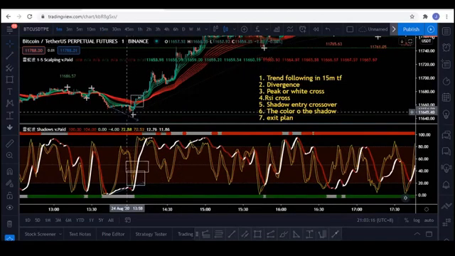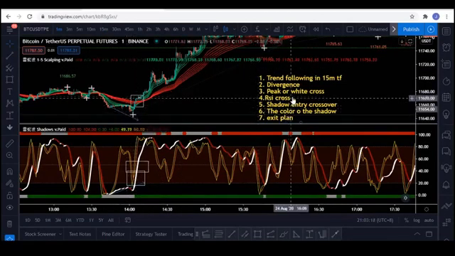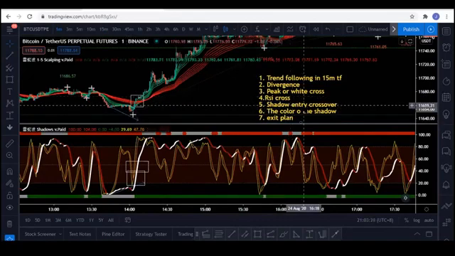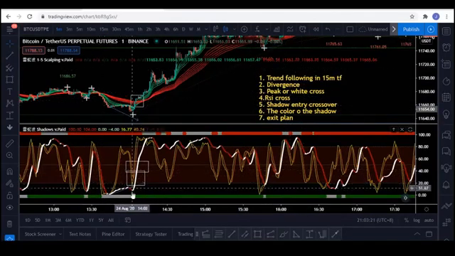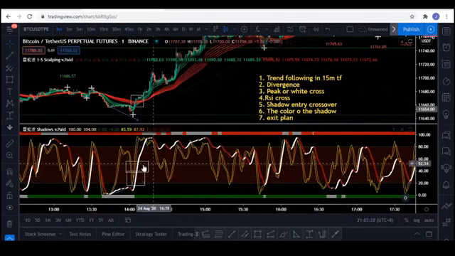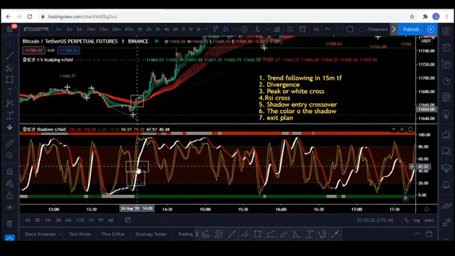This one, we already see our peak or white cross, the RSI or the shadow entry RSI cross, here, our yellow over orange.